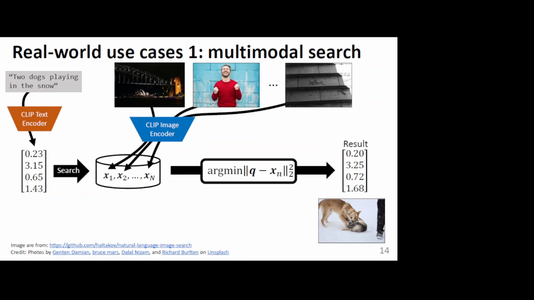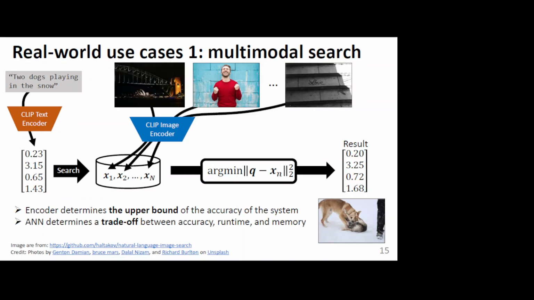Any problems? Here you can see the encoder we use is CLIP. You can use others, and the encoder usually determines the upper bound of your system's accuracy. The ANN process is just like here.